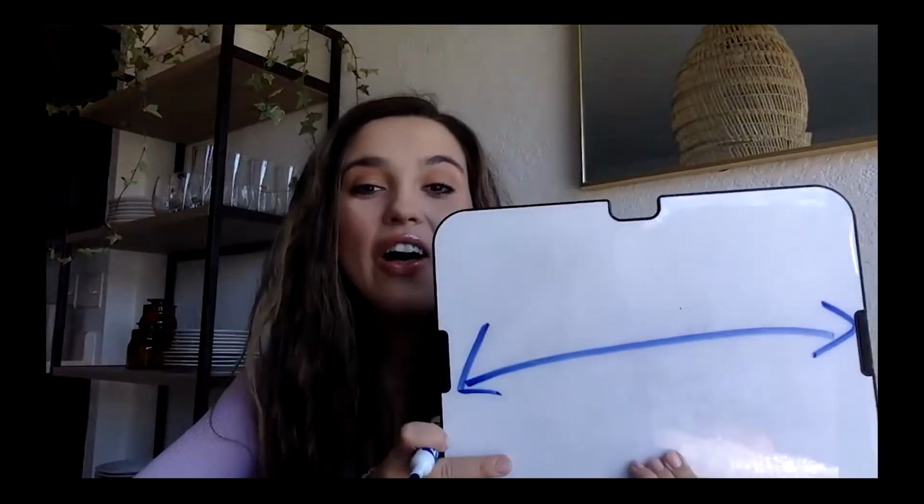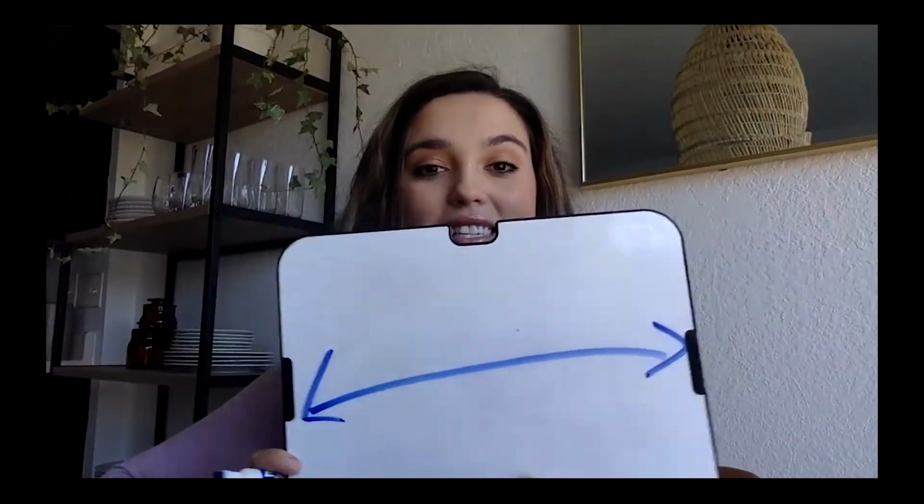Awesome. So here's our number line. We are putting arrows on either side. My board is not too long, so I'm going to do my very best, and I'm going to do it by tens.